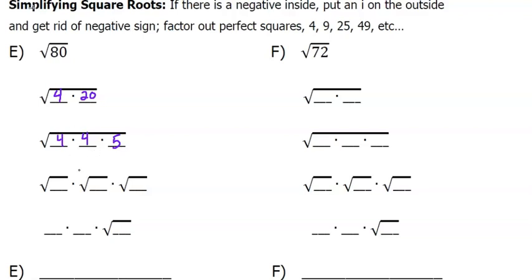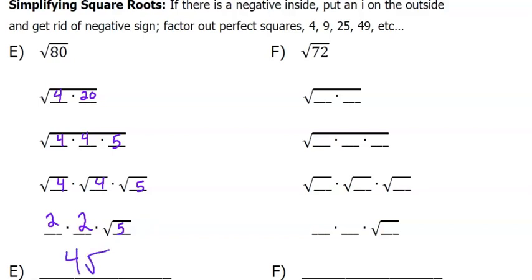So we'll just rewrite this expression as the square root of 4 times the square root of 4 times the square root of 5. The square root of 4 equals 2. This square root of 4 also equals 2. The square root of 5 is an irrational number, so we just leave it inside like that. 2 times 2 is 4.